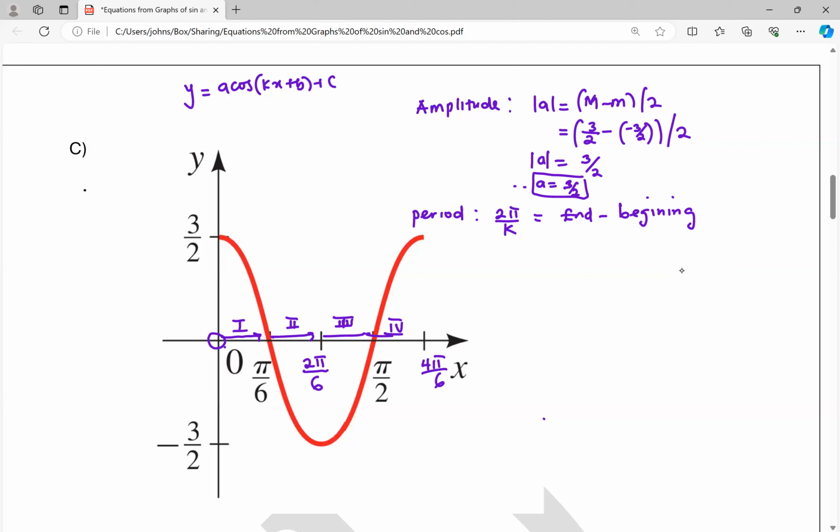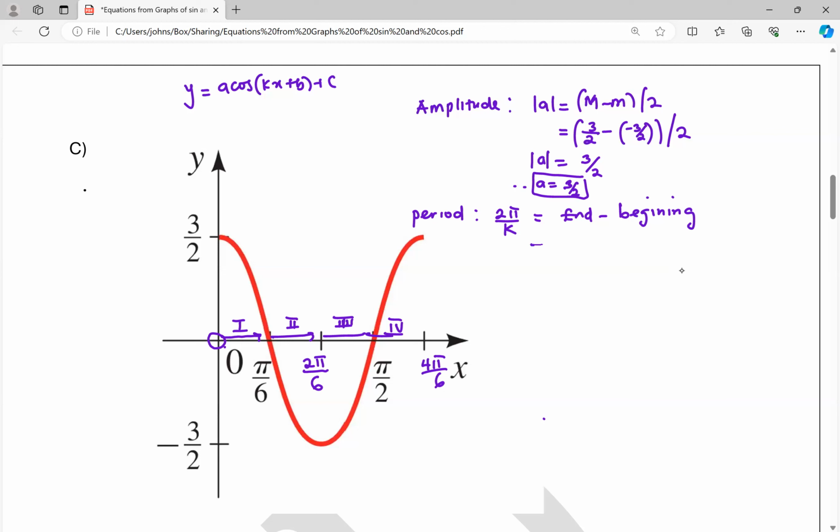So this pi over 2 is the same thing as 3 pi over 6, that is if you want to write everything in terms of 6. Or you can leave it just the way it is given. So we're just adding what? You add pi over 6 to each interval. So the difference between each interval is a length of pi over 6.